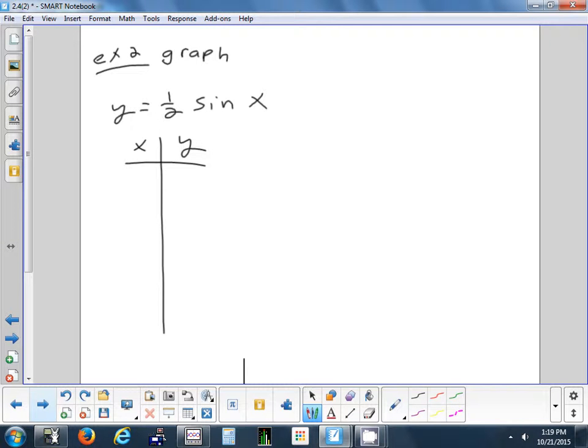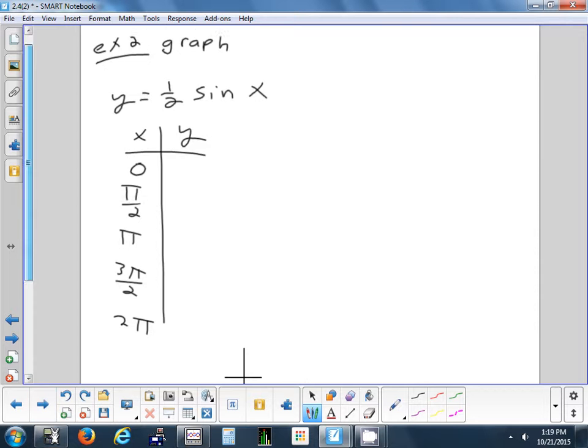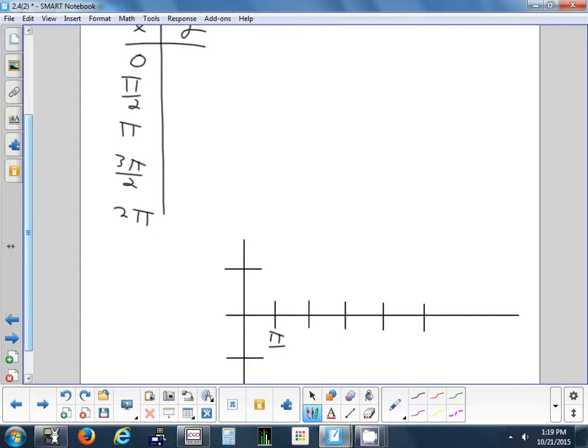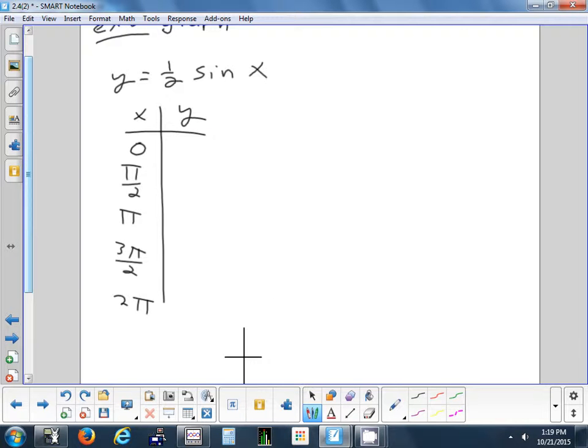All right, so we know it's a vertical stretch. Keep your x's the same. And if you want to label them on your graph at the same time, we could do that. Okay, so now we're working with sine.